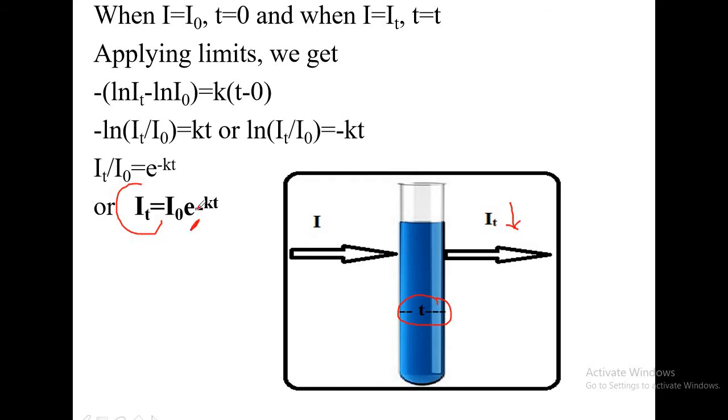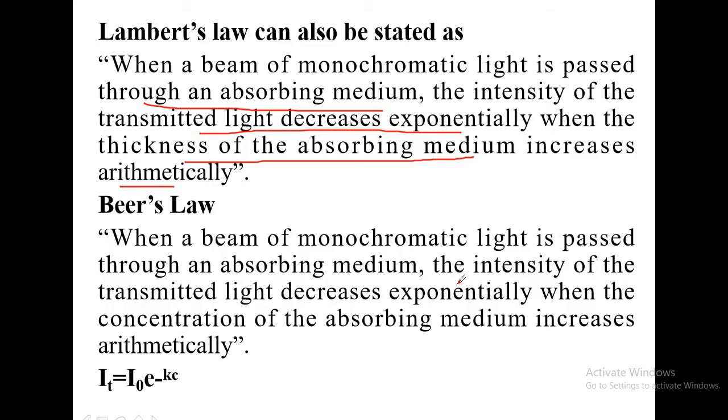It decreases, it is given by the negative sign, decreases exponentially when the thickness of the absorbing medium increases arithmetically. As you go on increasing the thickness of the absorbing medium, the intensity of the transmitted light goes on decreasing. That is the final conclusion of Lambert's law.